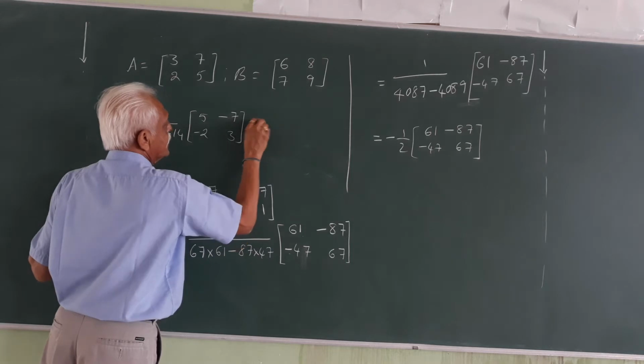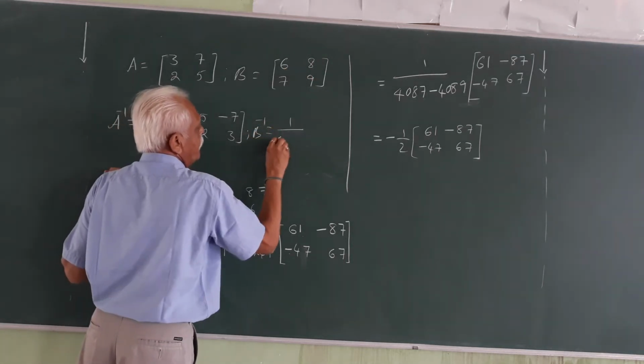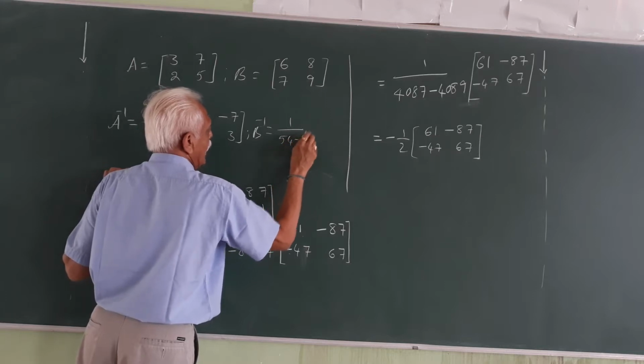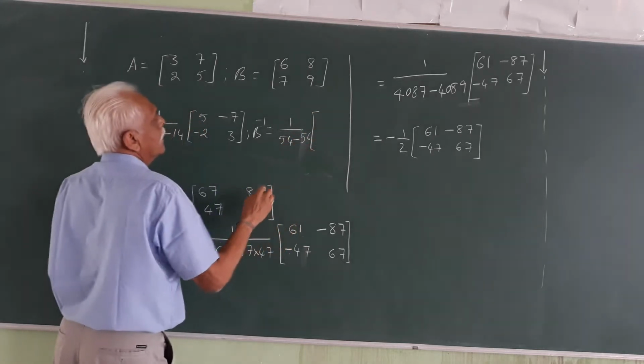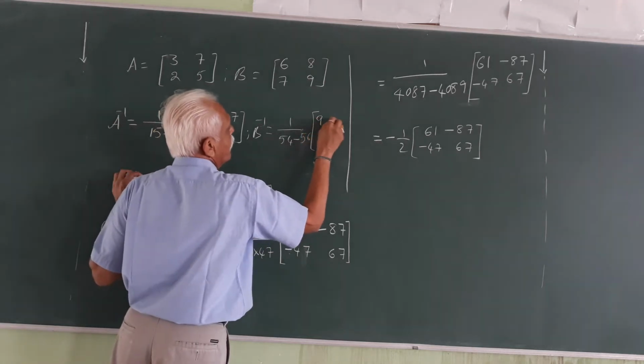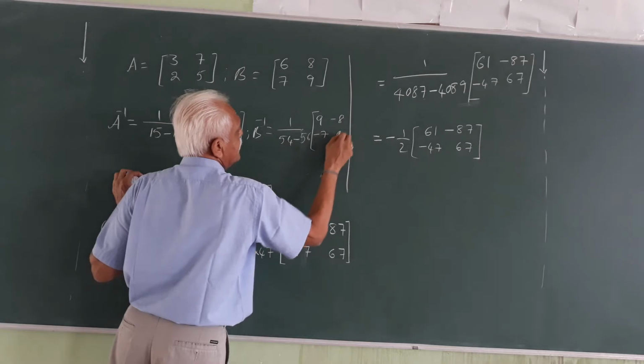B inverse equal to 1 by 54 minus 56, 9 minus 8 minus 7 6.